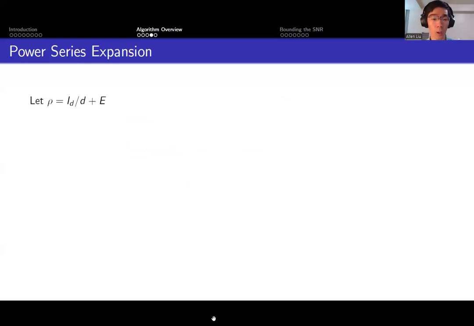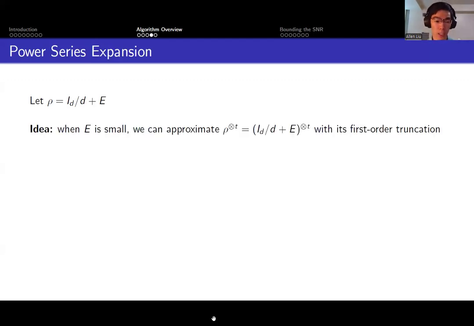Now, when rho is somewhat close to maximally mixed, we write rho as identity over d plus some error e. The key idea is that when e is small, we can approximate these t entangled copies of rho, this rho tensor to the t, with its first order truncation.